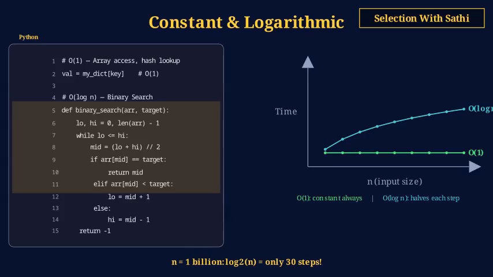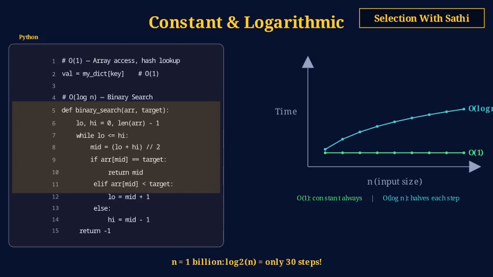But here's a common misconception. O of 1 does not mean exactly one operation. It means the number of operations stays the same regardless of how large n gets. Even if it takes 100 steps every time, it's still O of 1 because it doesn't grow with n.